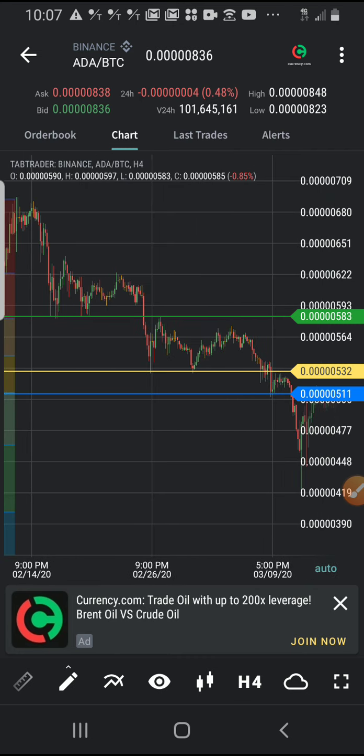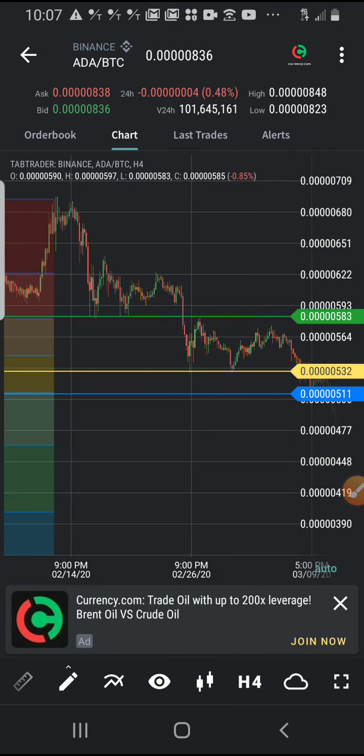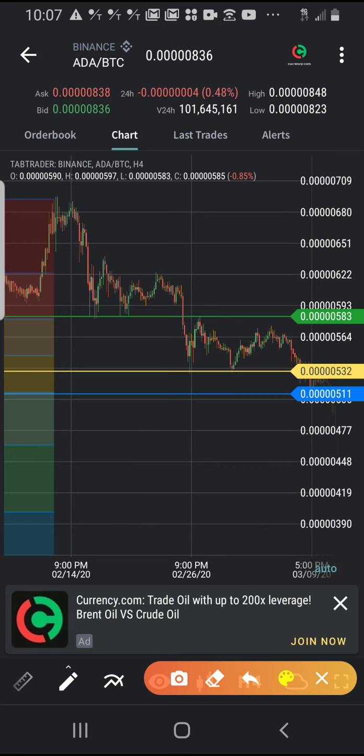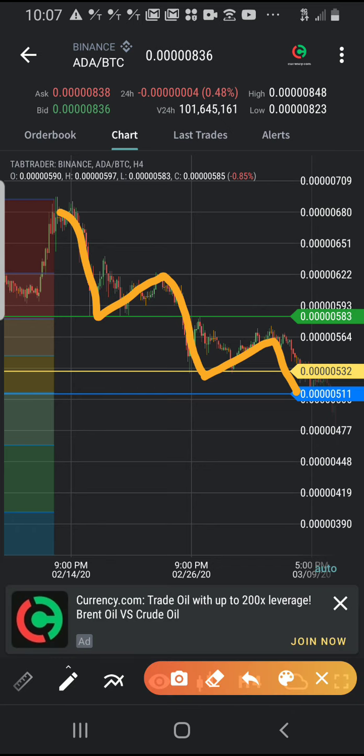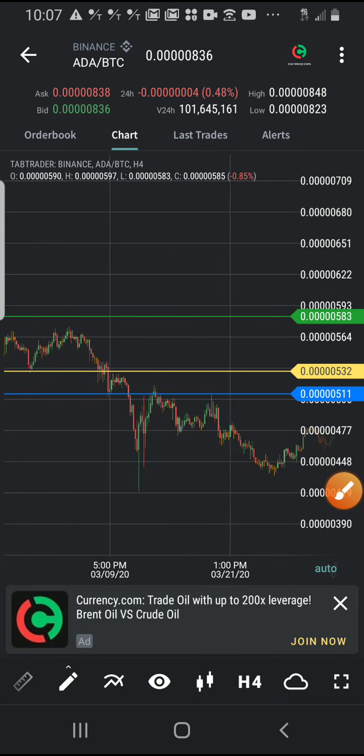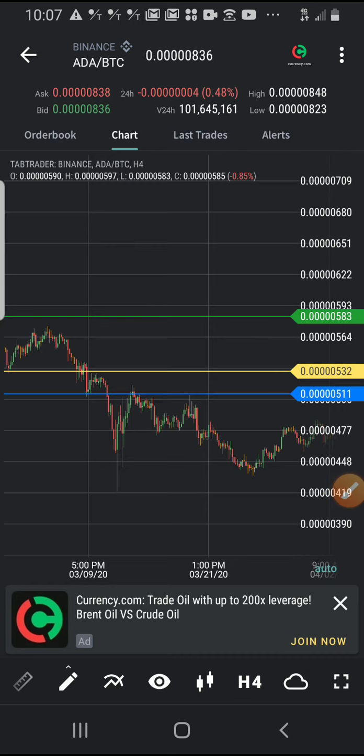You see how it's been ranging. When it started dumping, it's been ranging like this. It moves up, dumps, moves up, dumps. So that is to explain the Fibonacci levels for you.